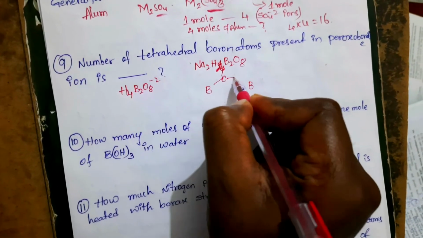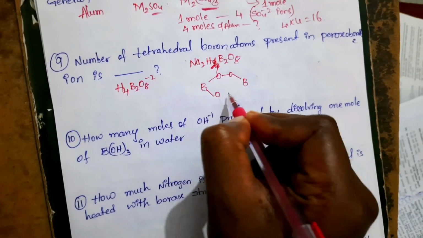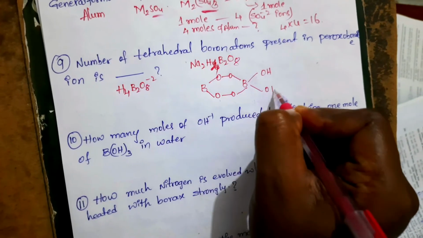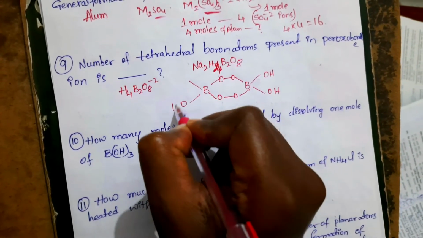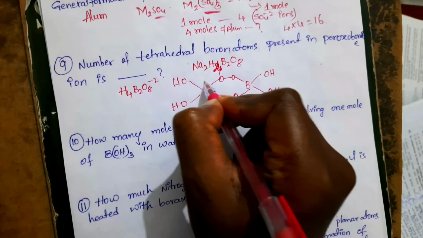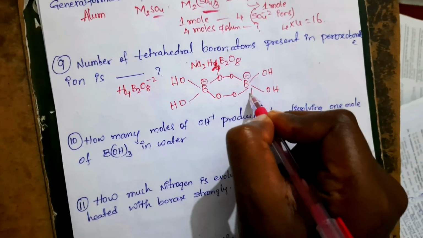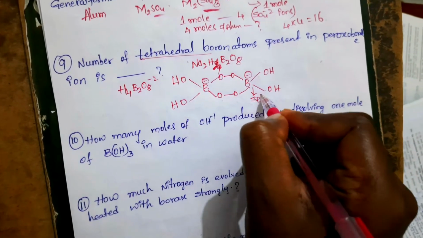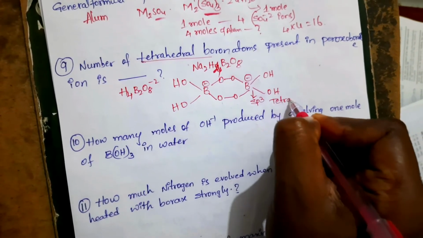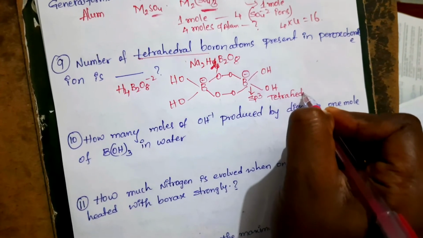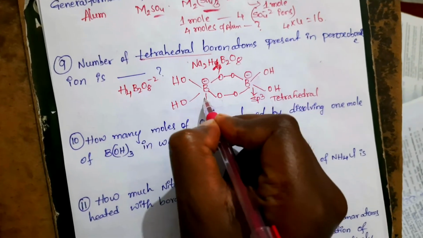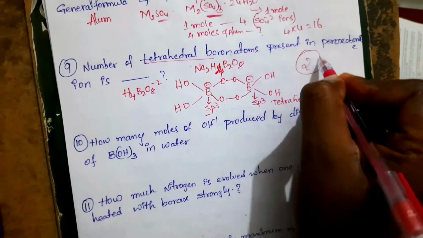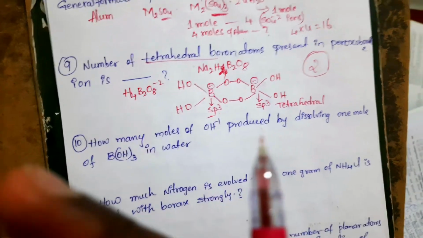How many peroxy linkages are there? 1 peroxy bond here, another peroxy bond here. 2 OH groups on this boron and 2 OH groups on the other boron. This has the negative charge. It is the tetrahedral one, sp3. How many such tetrahedral boron atoms are there? This is one, this is another one. So 2 tetrahedral boron atoms are present in the peroxoborate.